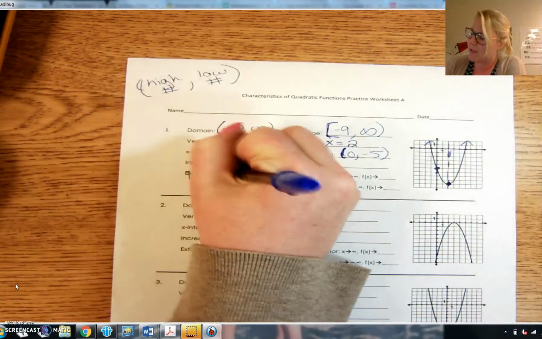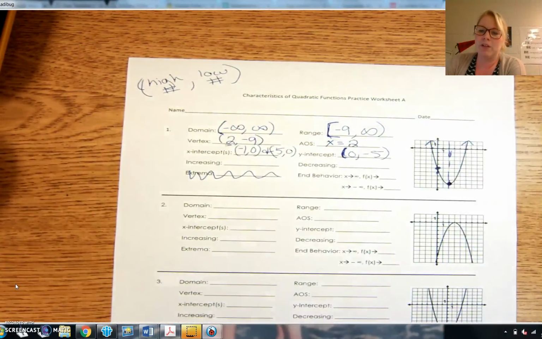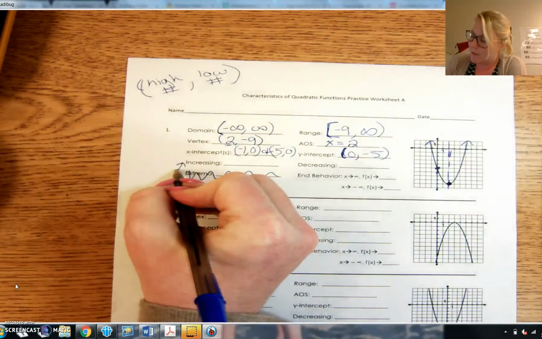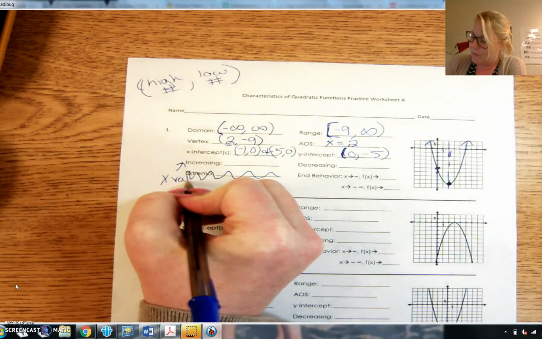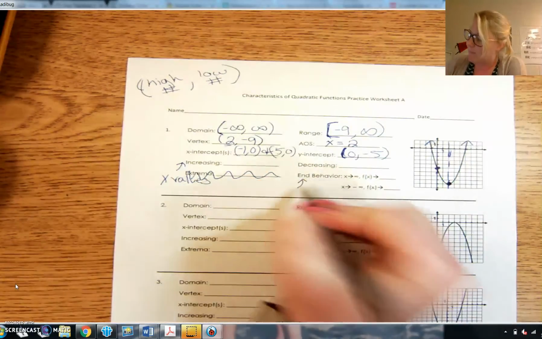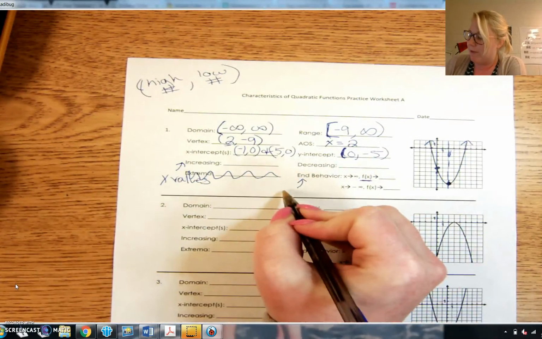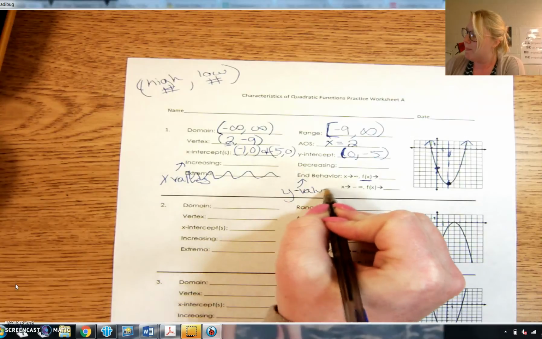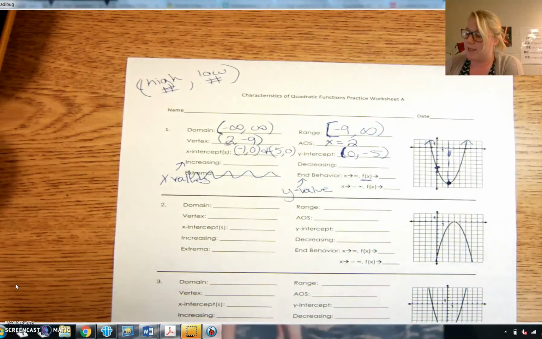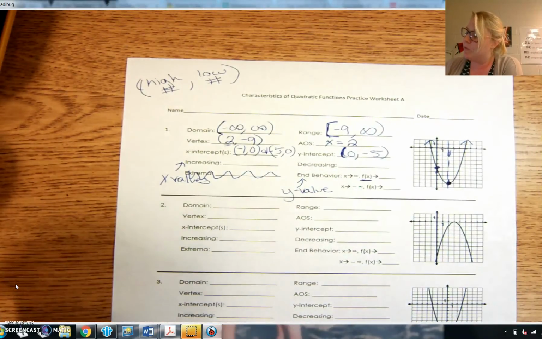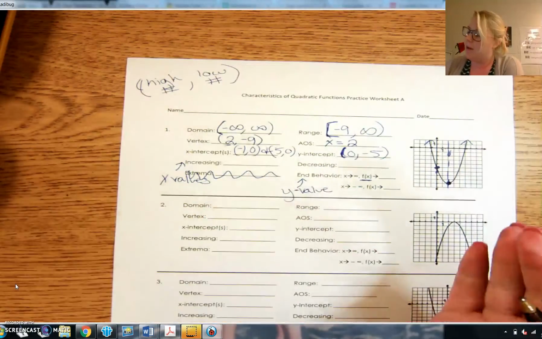We're not going to do extremas. So increasing and decreasing. For increasing and decreasing, these are always my x values. And in behavior, I'm always talking about my f of x, which is my y values. That's what I'm looking at. So increasing, talk about my x. So what are my x values again?